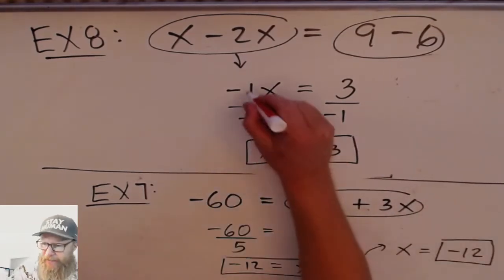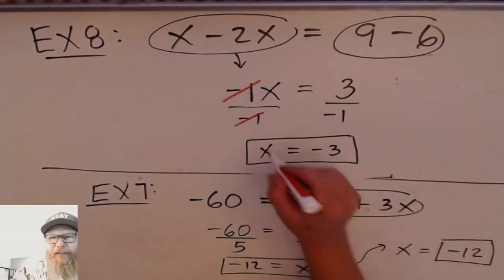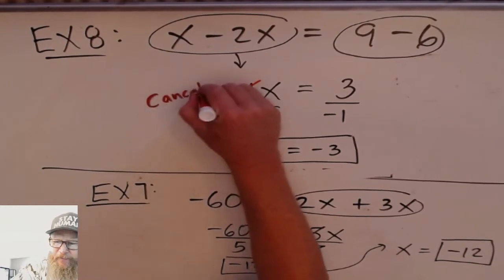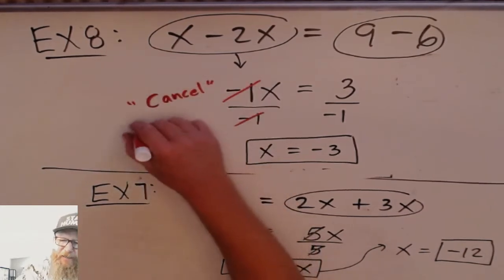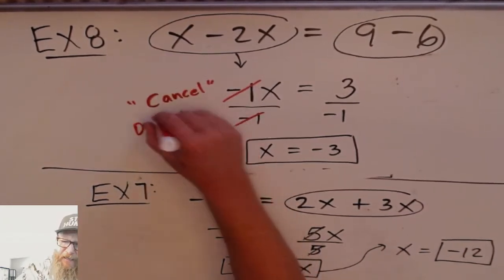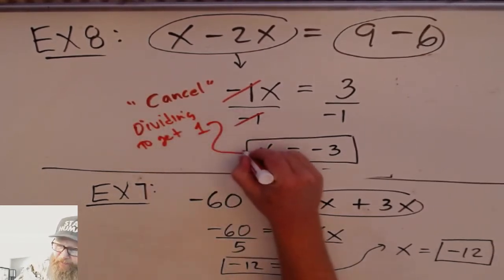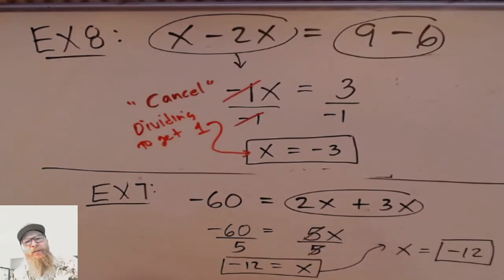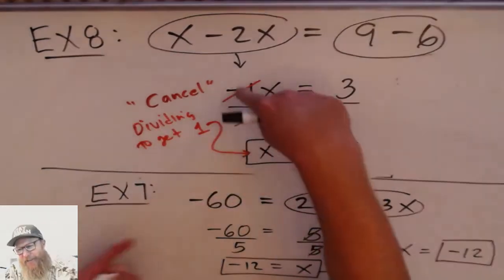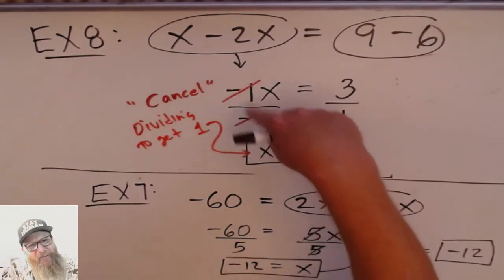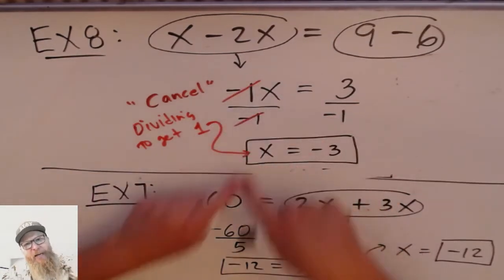Sometimes we go like this. This is called canceling, but it really means dividing to get 1. So there are various types of canceling. This type of canceling is dividing, or division, to produce a coefficient of 1.